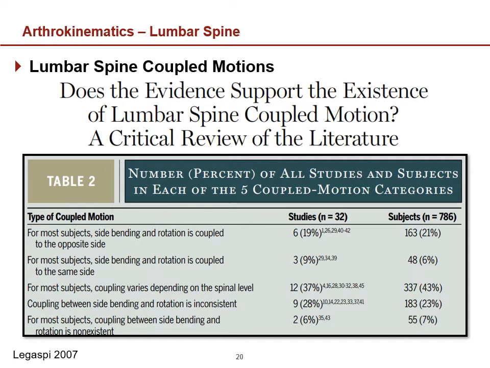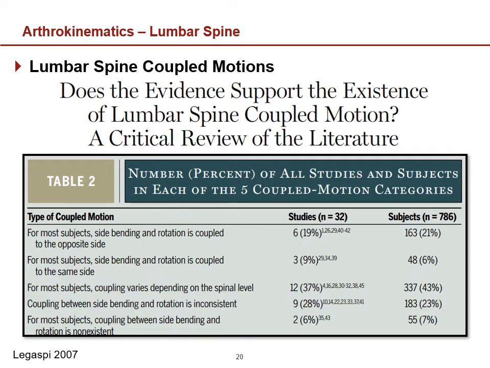So coupled motion and side bending is inconsistent. On average, it's inconsistent between 28% of the studies and 23% of the subjects. For the most part, we can say that depending on, now we're talking not about the same level but about adjacent levels of the spine, and that might be dependent.